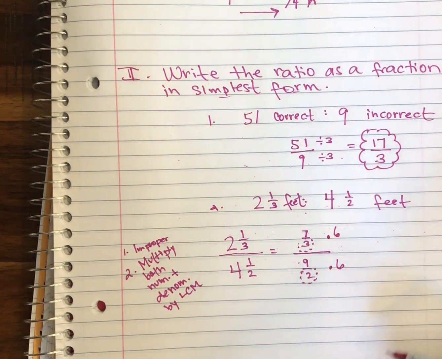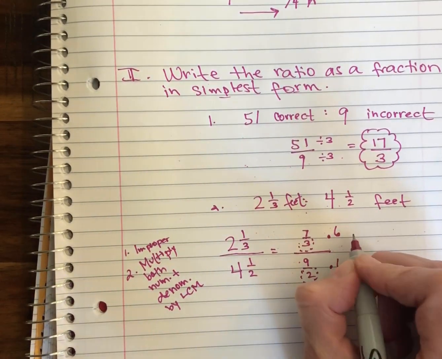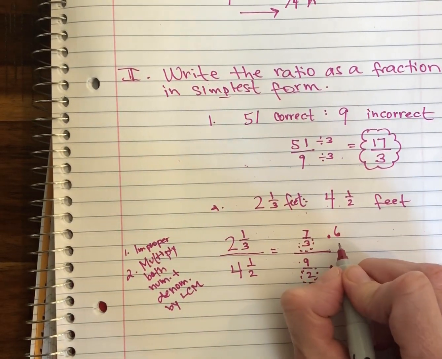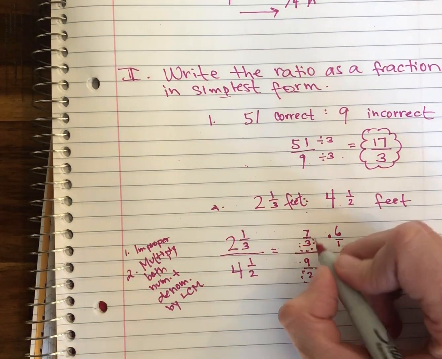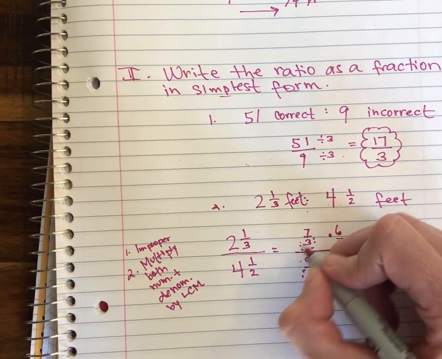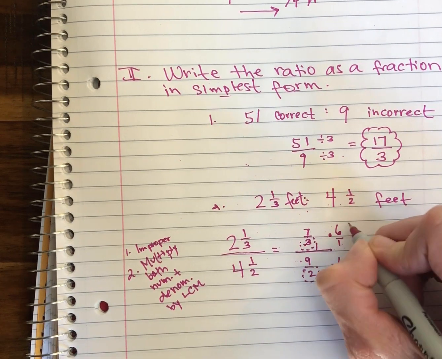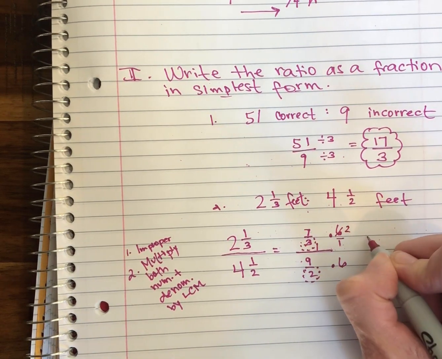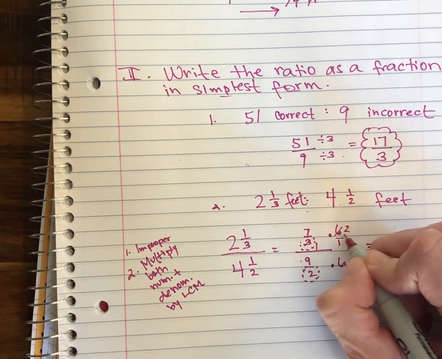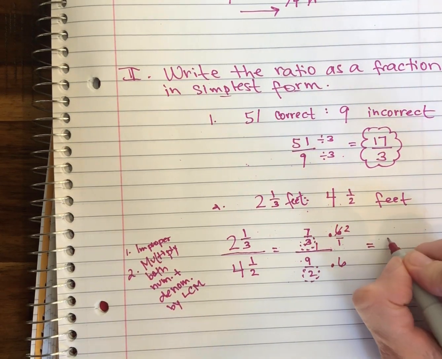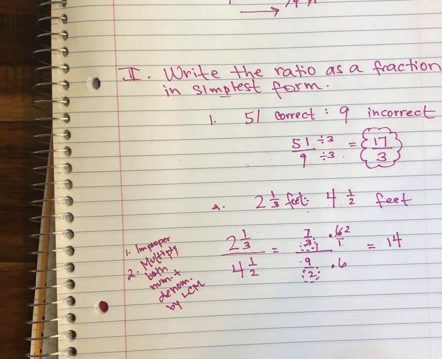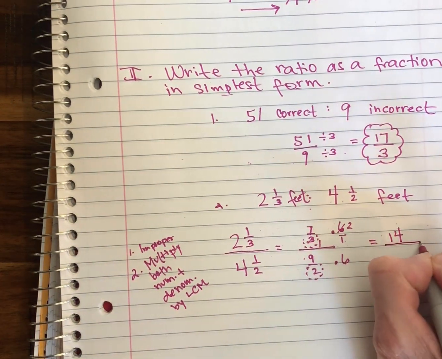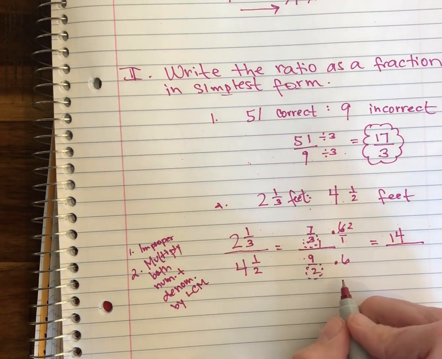This is just finding an equivalent fraction. 6 is the same as 6 over 1, so now I can reduce these. 3 goes into 3 once, 3 goes into 6 twice. Multiply straight across, 7 times 2 is 14 over 1, but I don't need to write over 1 because that's still 14.